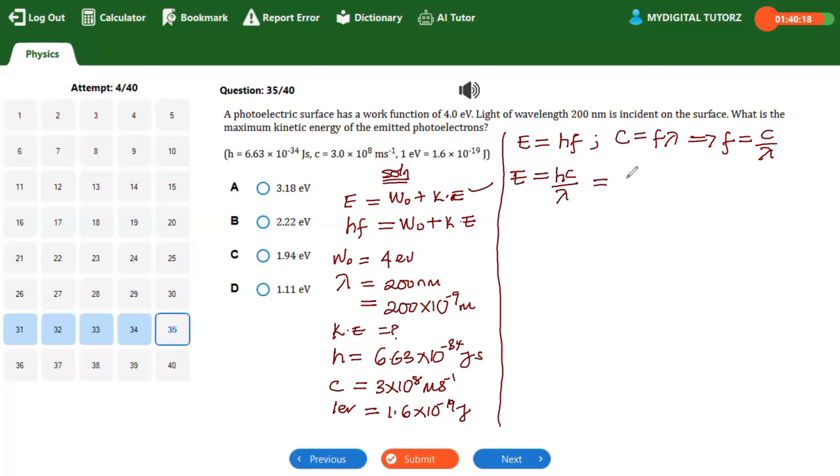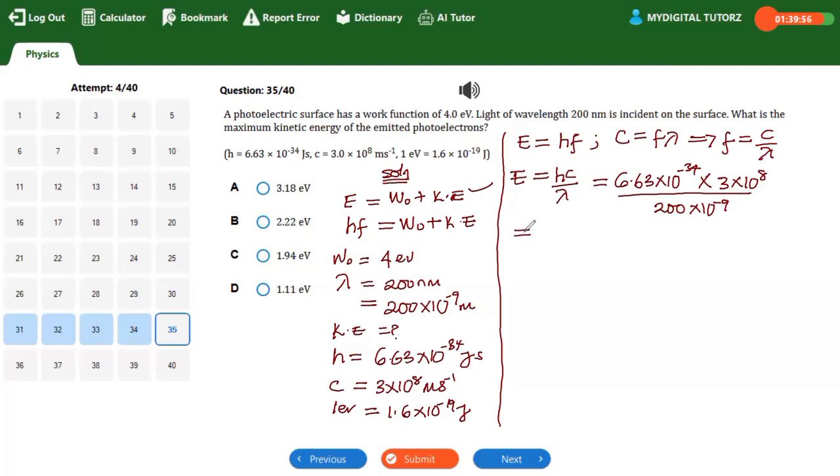h, which is Planck's constant, is given to be 6.63 times 10 raised to power minus 34. Is that clear? Multiplied by the speed of light, which is 3 times 10 raised to power 8, all divided by lambda, which is 200 times 10 raised to power minus 9 meter.